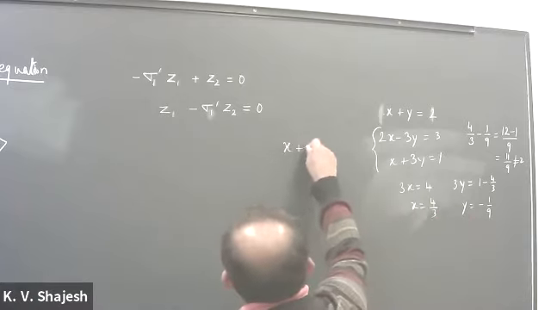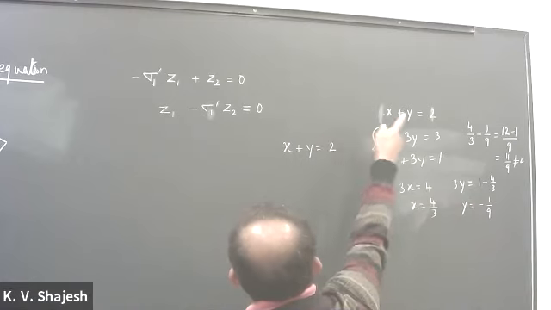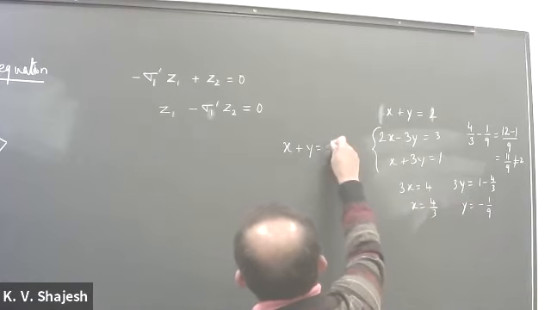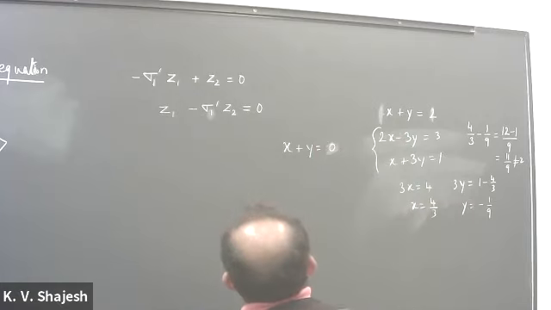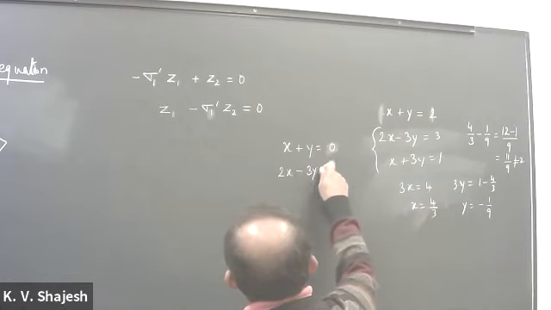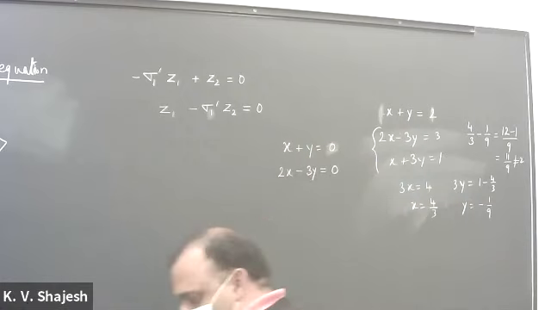So x plus y is equal to 0. Okay? And 2x minus 3y is also equal to 0. Okay? What are the solutions?